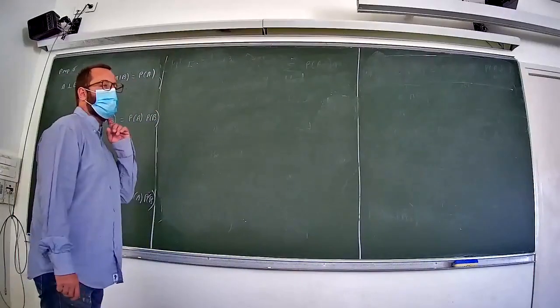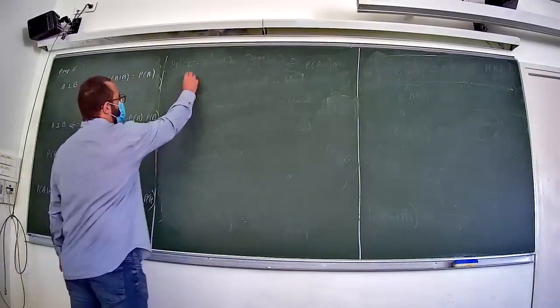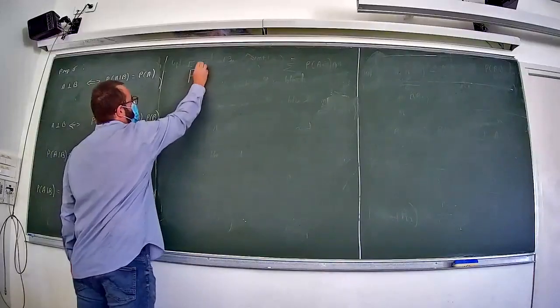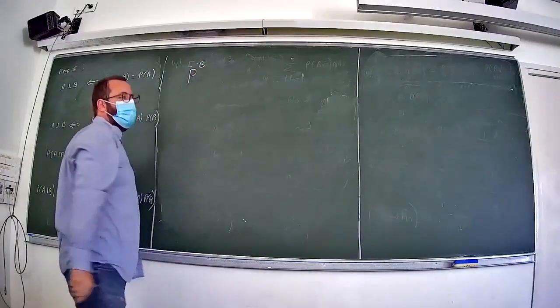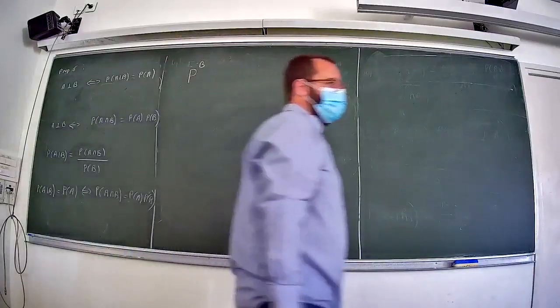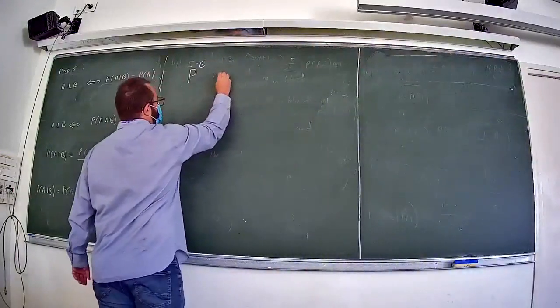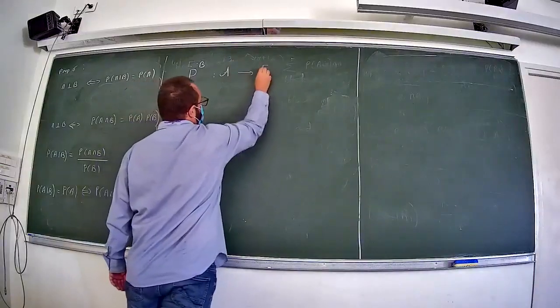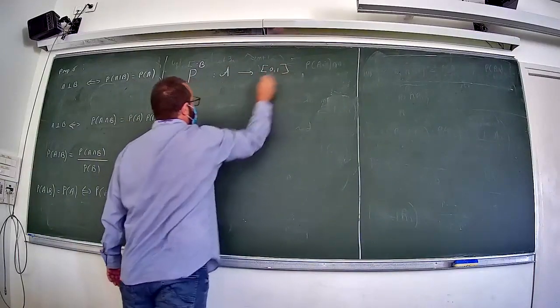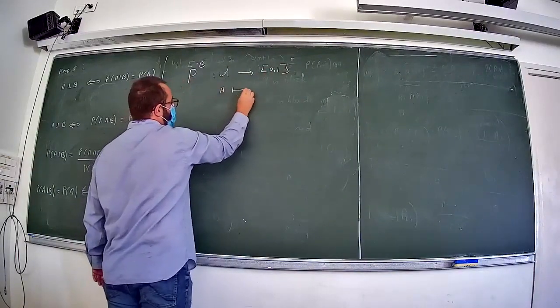So in the second statement, we say the following. I define a new mapping that I call P_B, P to the power B, that is a mapping from A into [0, 1] that is defined this way.